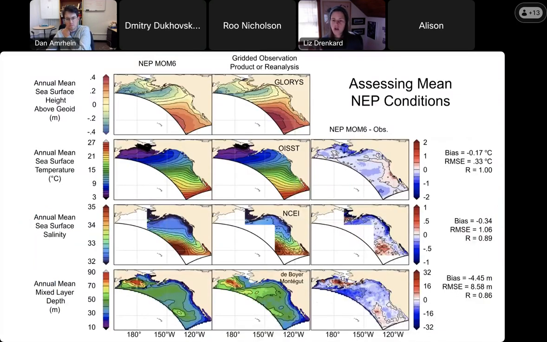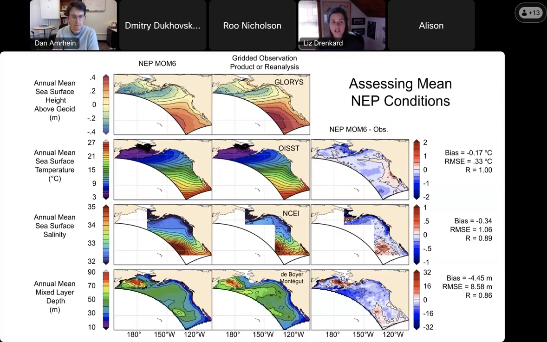So for our documentation paper, I have to demonstrate that this model is doing a reasonably good job across this domain, reproducing the different features that we consider to be important for different living marine resources and management decisions. So this figure is showing one suite of assessments we're doing. Most of these are surfaces or layers in the ocean.